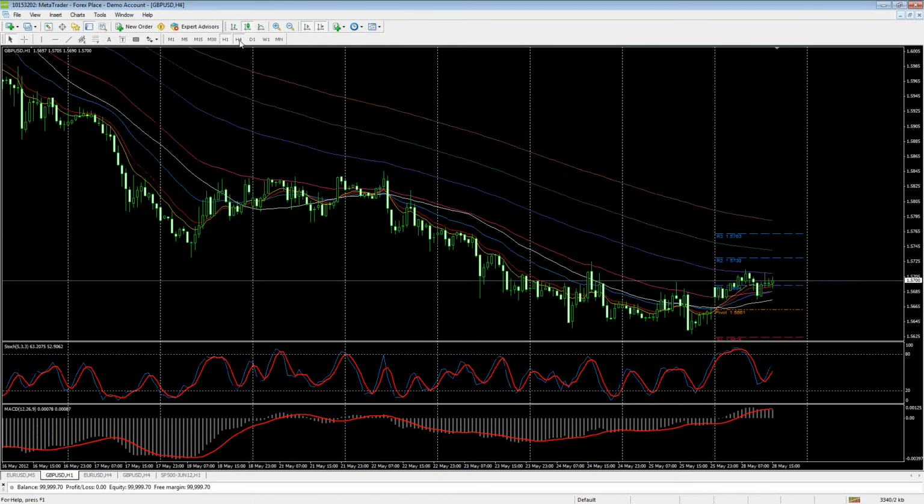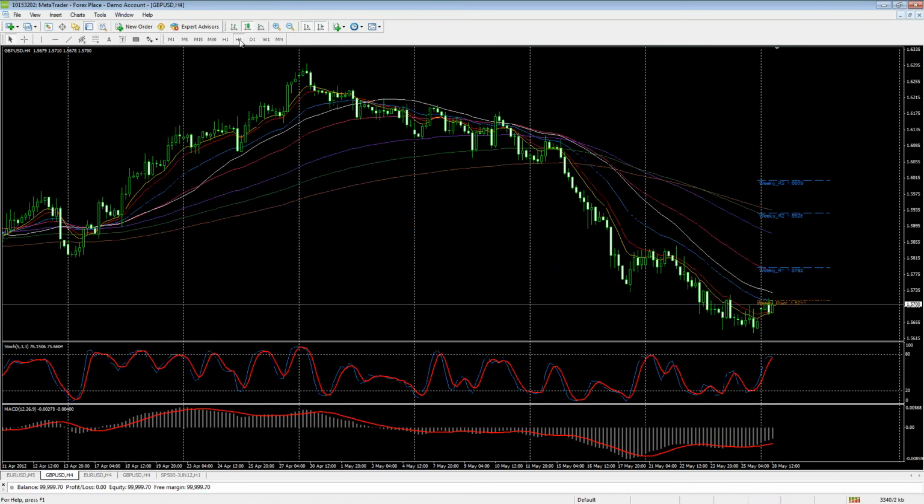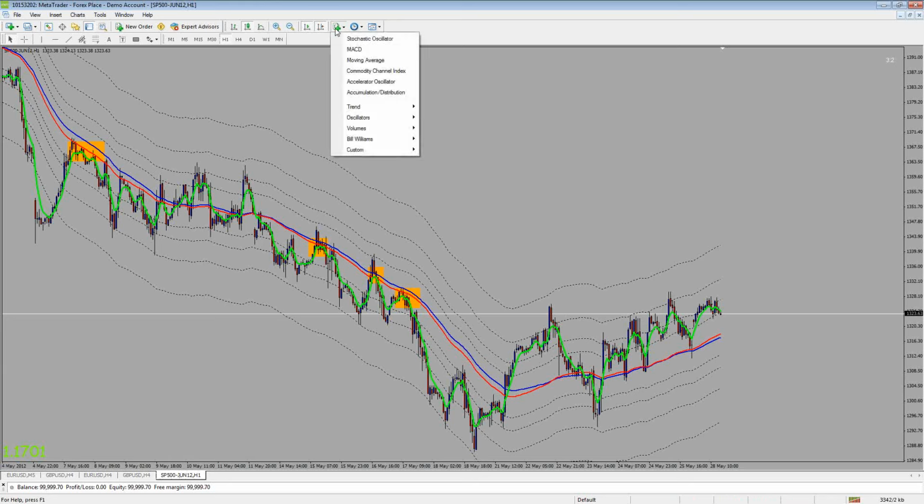Here, this template. By the way, I remind you, obviously, we can see here the pivot lines. You should always set the pivot lines on your trading charts, even on the S&P.